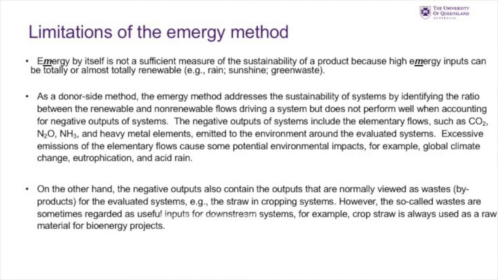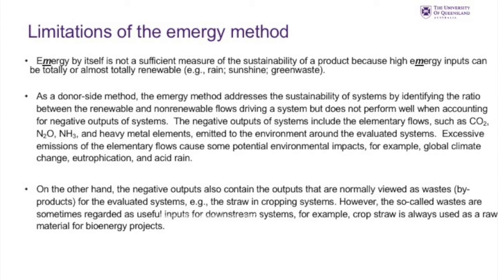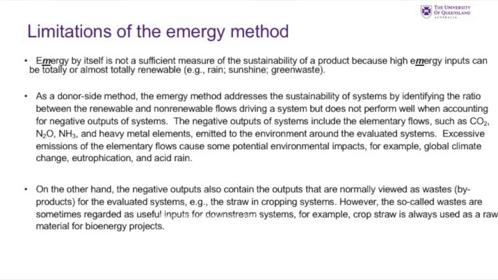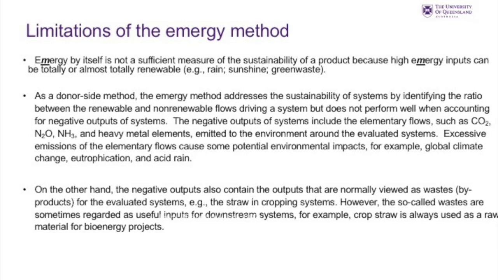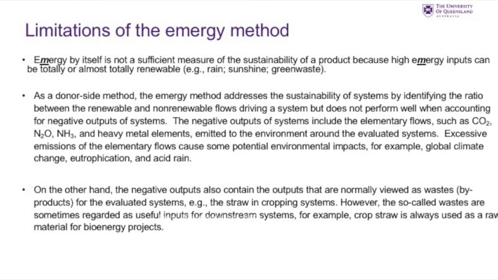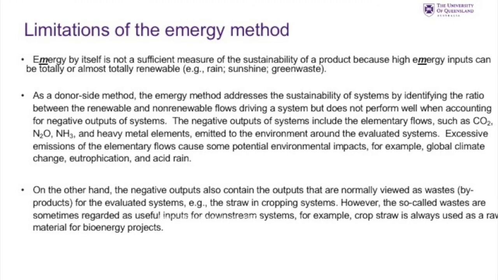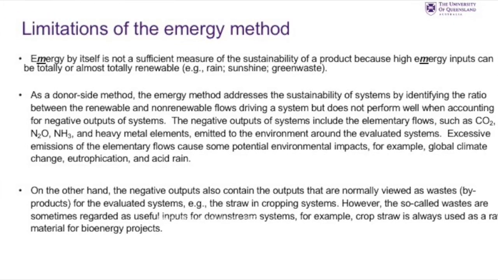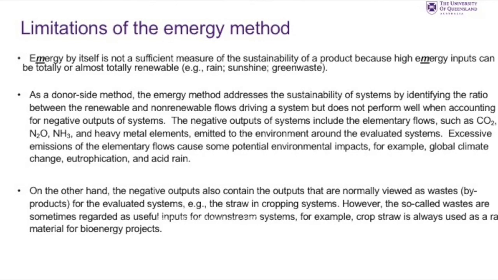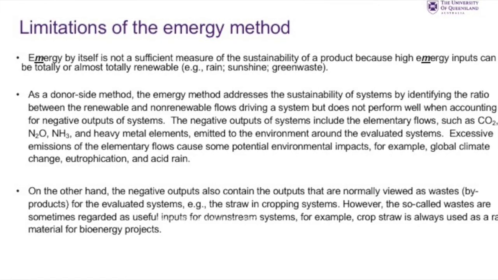The energy method by itself is not sufficient to measure sustainability of a product or of a process in general, because high energy inputs can be totally or almost totally renewable and still can cause environmental problems. So, for example, the energy method does not look at the outputs of systems.